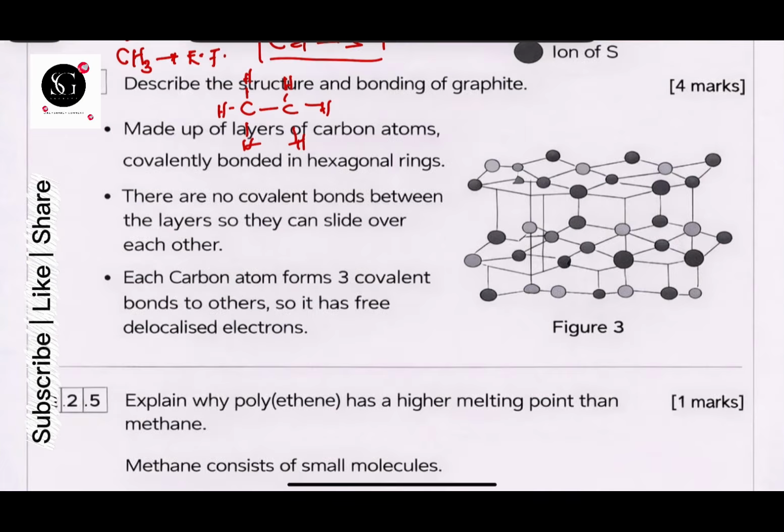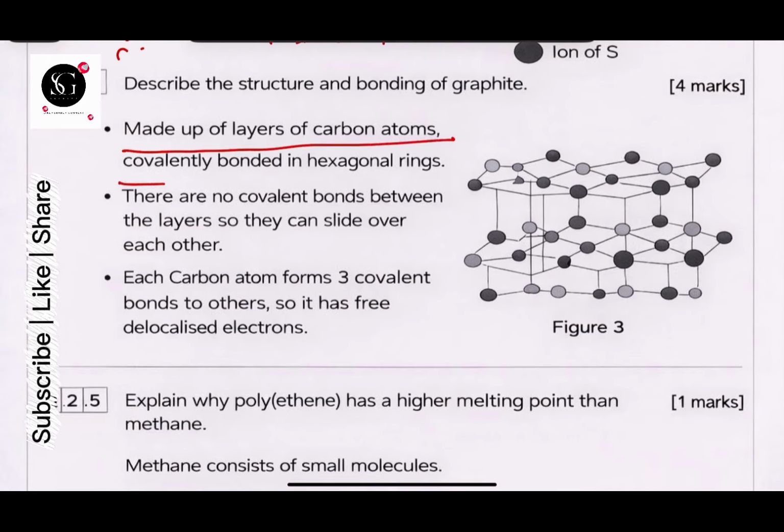Describe the structure and bonding of graphite. It's very simple. The answer is: graphite is made up of layers of carbon atoms covalently bonded in a hexagonal shape. One of the first features of graphite is the hexagonal shape. We have two forms of carbon for your level, which are diamond and graphite. They are the major structures of carbon because they have a known shape.